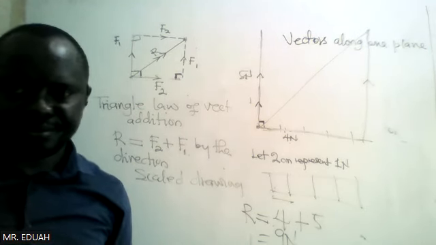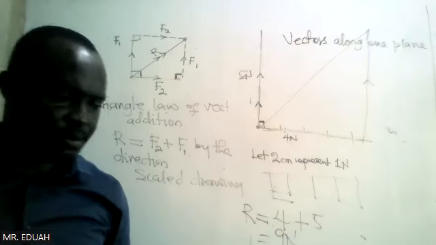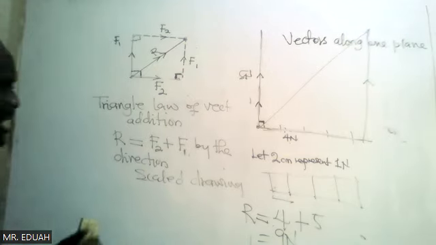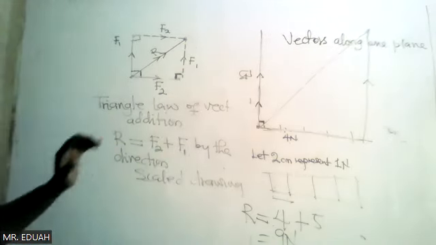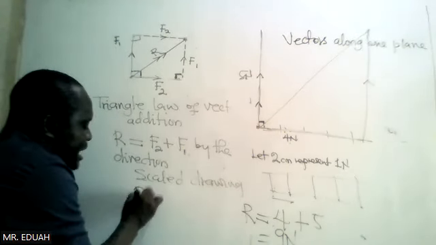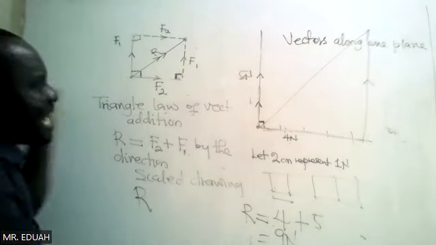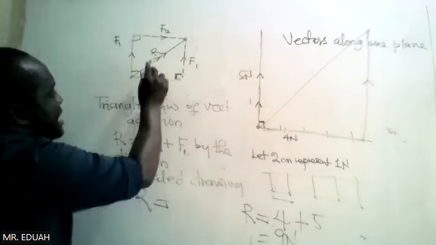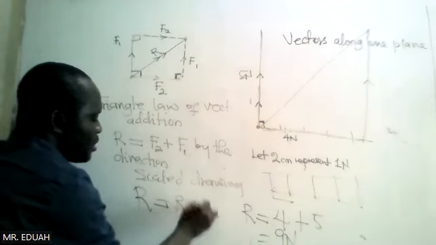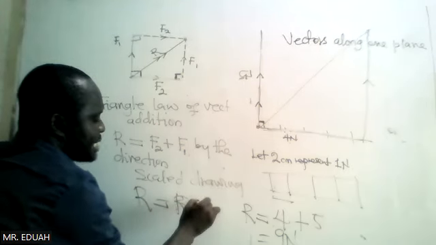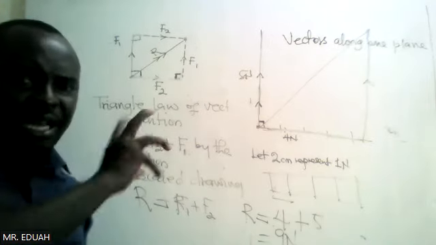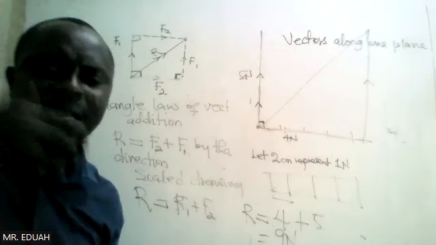Please, any question? No, please. What I'm saying is that we can only use the triangle law of vector addition, R equals F1 plus F2, when the picture given to you is drawn to scale.